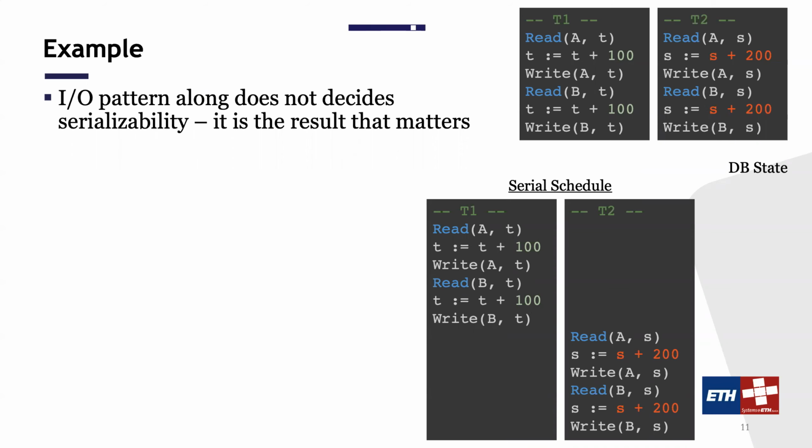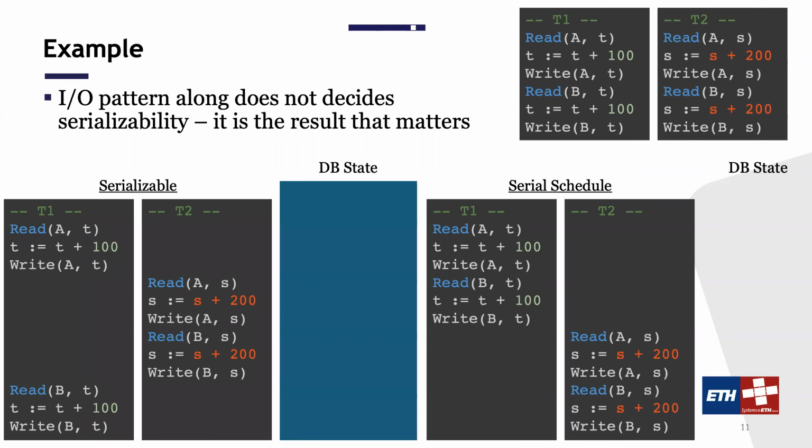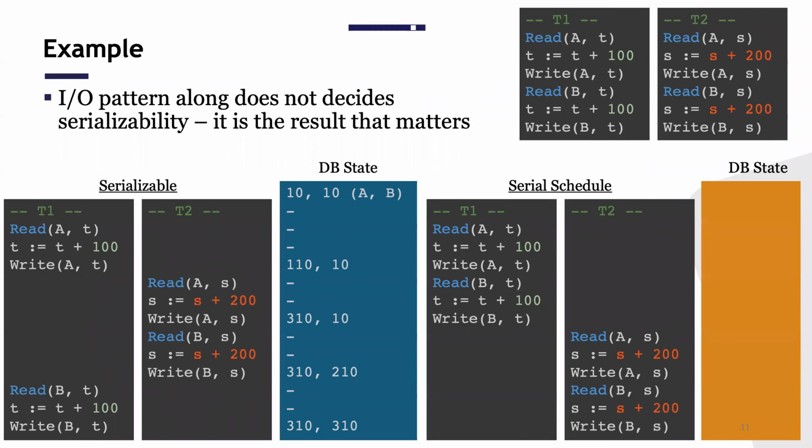I'm changing the computation. Then let's look at the same schedule that wasn't serializable before. If you start from a database state where A equals B equals 10, after you do this, you are going to have a state equal to 310, 310. And if you take the serial schedule and do the same thing, it's going to give you 310, 310.